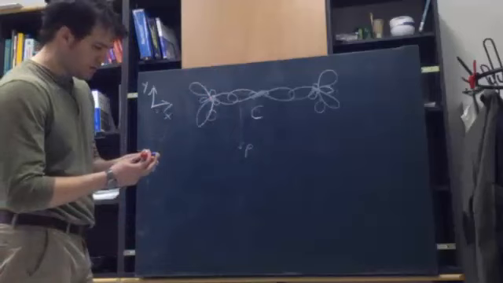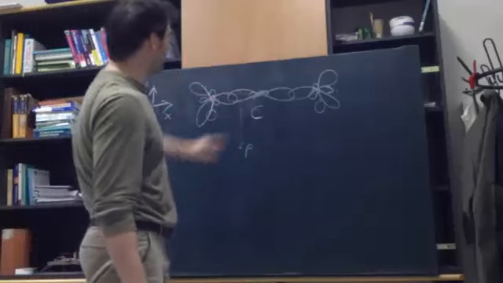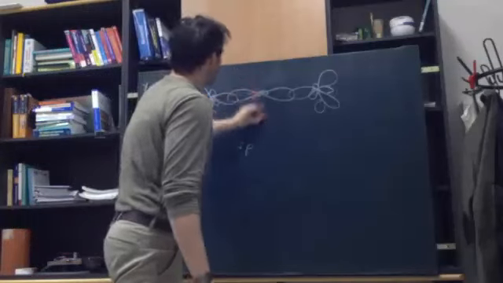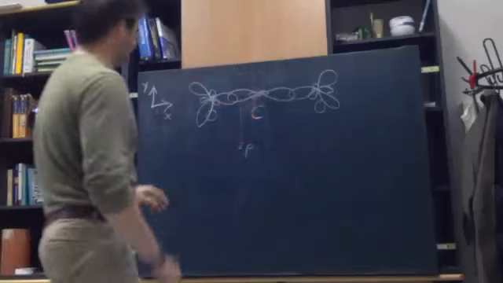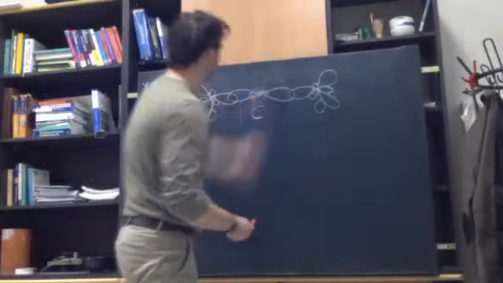I'm using, say, orange for the py. The py here looks like this. And the pz in our system looks like this.